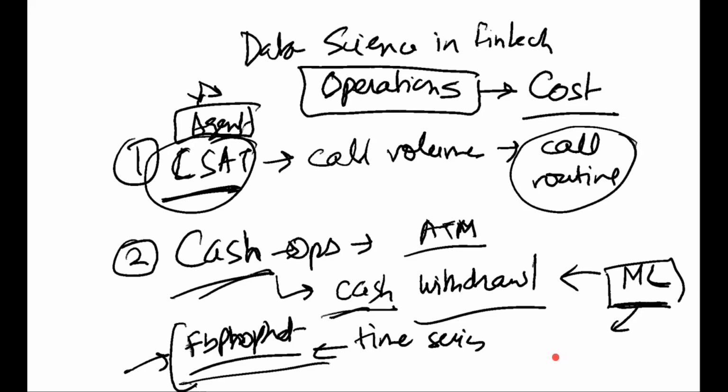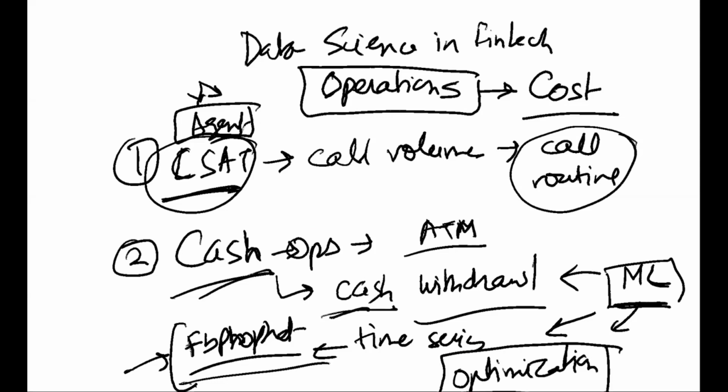I would say this is heavy in machine learning. This is also an optimization problem. Many problems on the operations side are optimization problems. So you would look into not only a standard machine learning model. Typically, a machine learning model will forecast, and an optimizer will balance off the two sides.